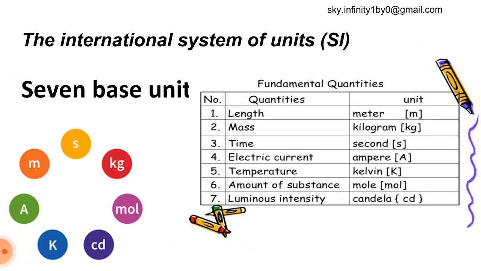In the subject of chemistry, we will mostly be focusing on the unit of mole for the amount of substance. But there are other units also, such as meters, kilogram, seconds, Kelvin, which are considered in this subject.